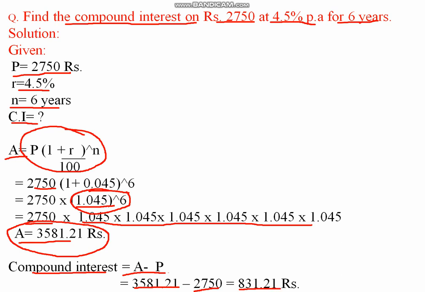You can solve this example by using simple interest also, but it is very difficult to find the interest on interest again. So use the better way, use this formula, calculate all the terms using a calculator and find the answer. First find out the amount and then use the formula, compound interest is equal to A minus P. You get the required value of the compound interest.